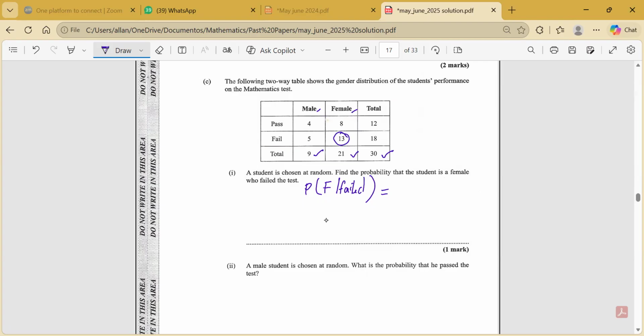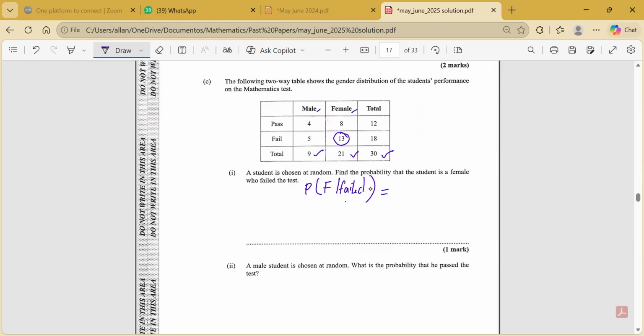So you had 13 students who failed. But we're looking at a female student who failed. What was the total number of females who failed? 13.